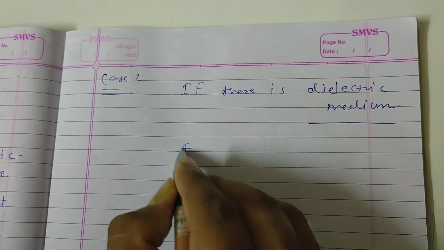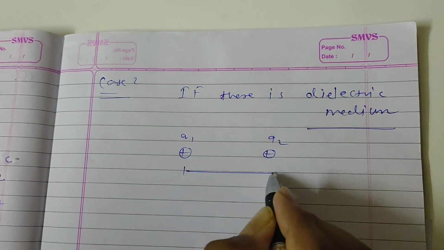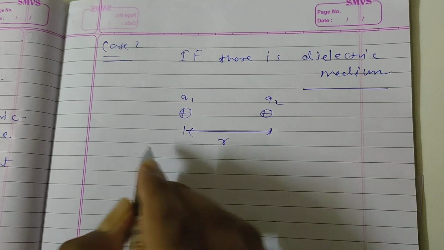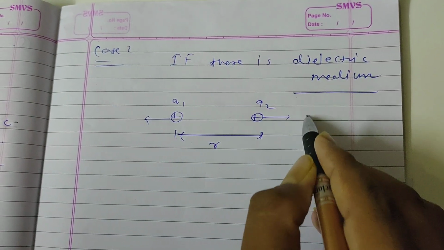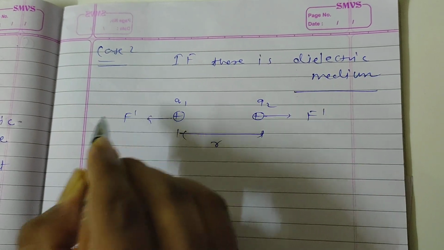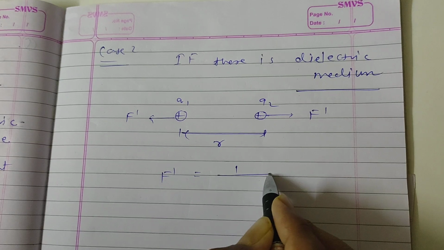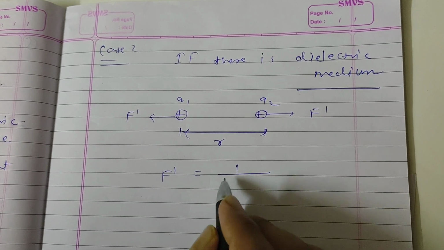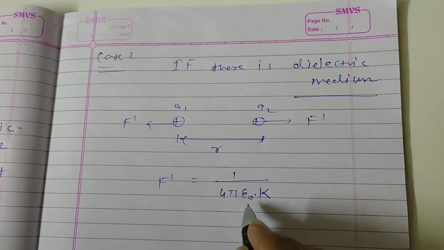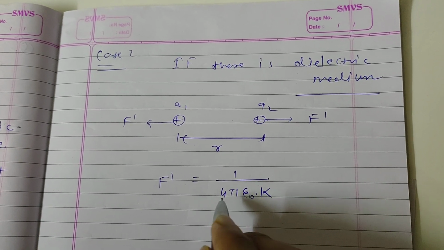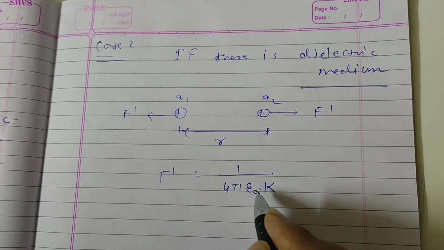If the same point charge particles are placed at the same distance r, but they are in a different medium, then the electric force acting between them also changes. It becomes F dash. This F dash can be written directly according to the theory as 1 upon 4 pi epsilon naught into capital K. We have to accept it directly.